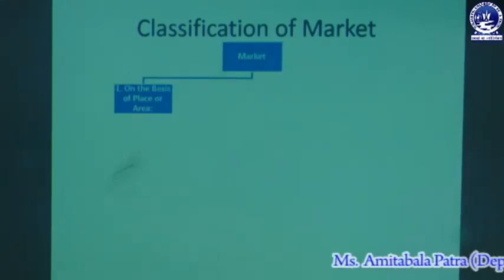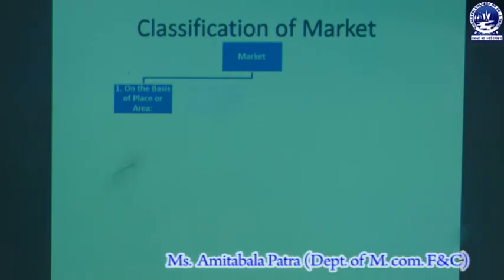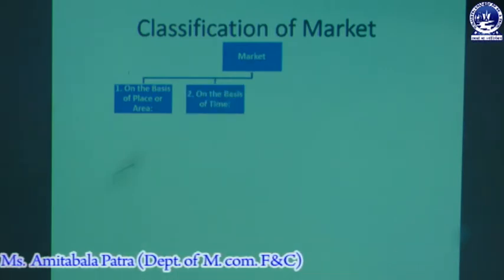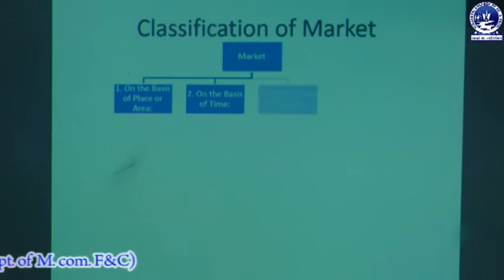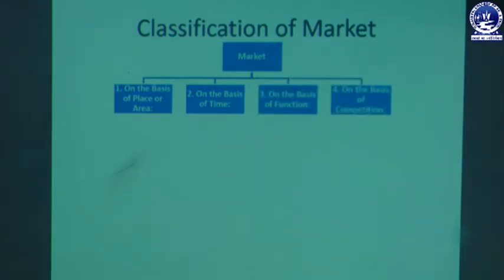Now, let us have a classification of market and see how many types of market we might have. The market could be categorized on the basis of place or area. It can also be classified on the basis of time, on the basis of function, and on the basis of the competition that is there in the market.